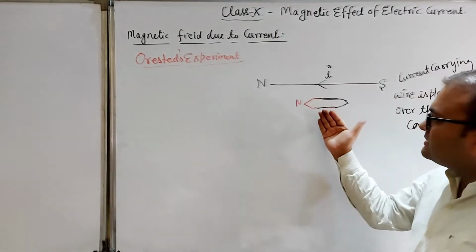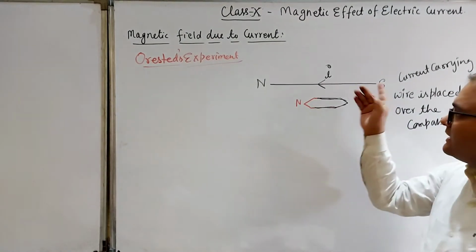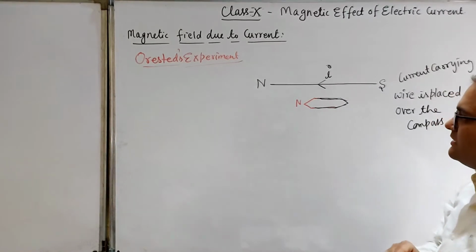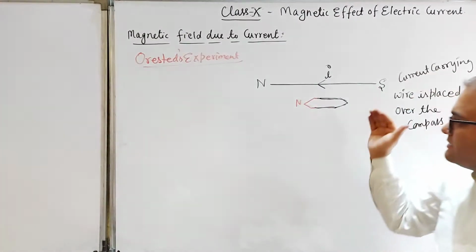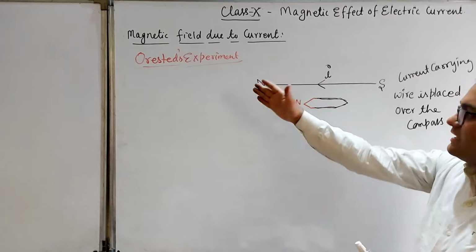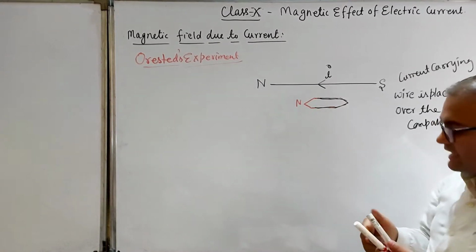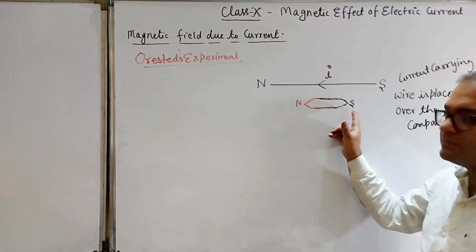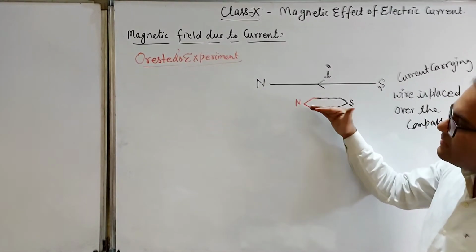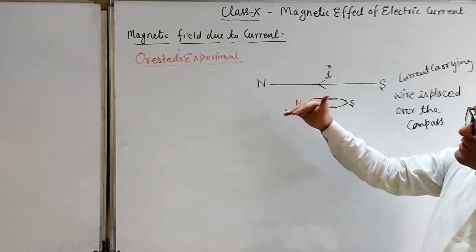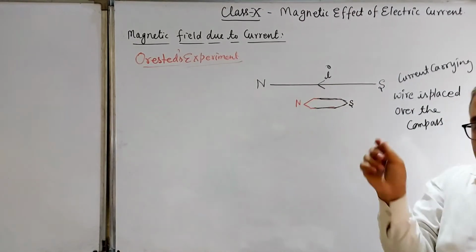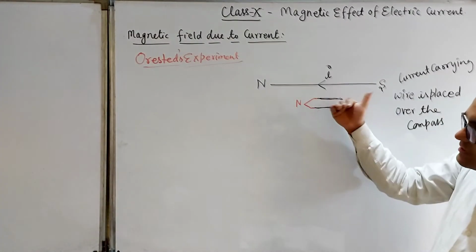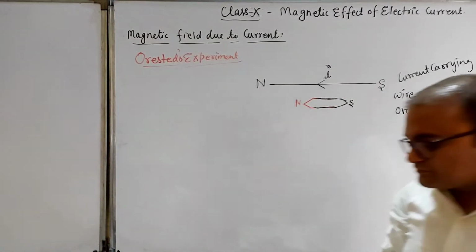Suppose the current is flowing from south to north. Then it is observed that the compass needle, which is initially pointing north, in the direction of the current, is placed like this, and this is the south pole of the compass needle. So the compass needle gets deflected towards the west. If current flows in the wire, the compass needle gets deflected.